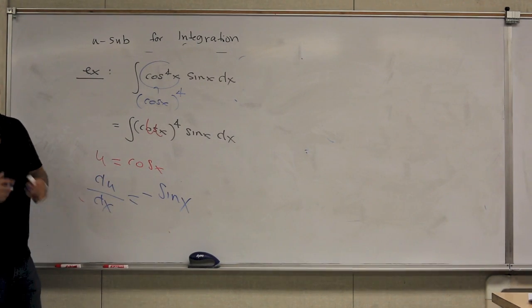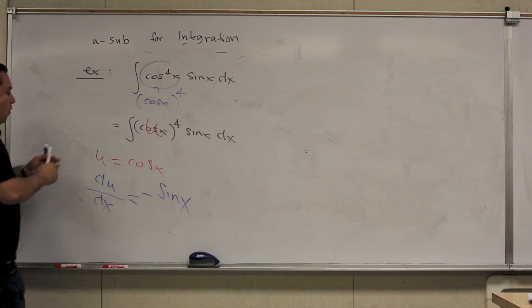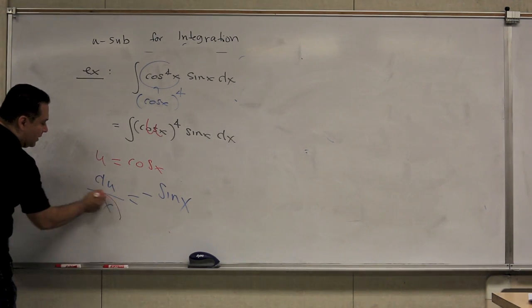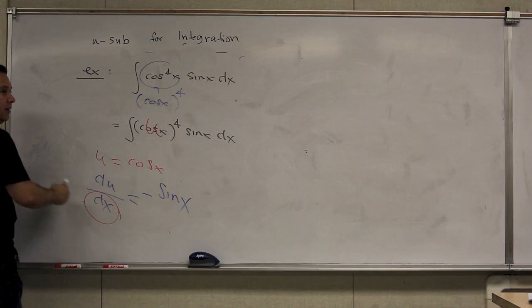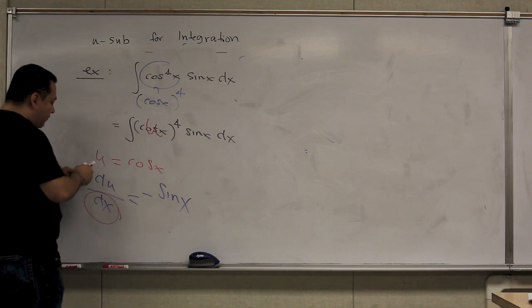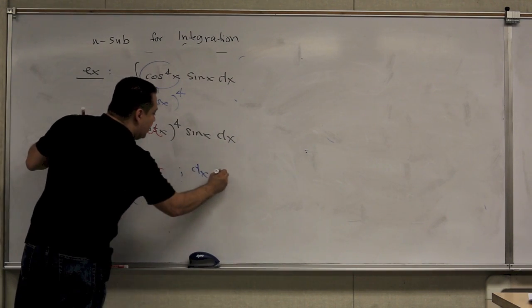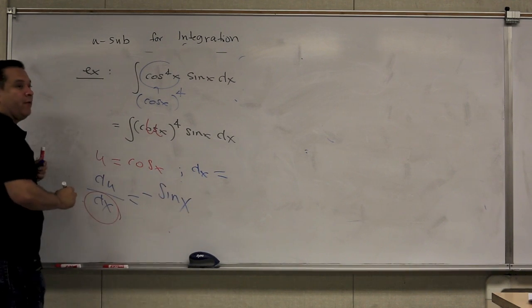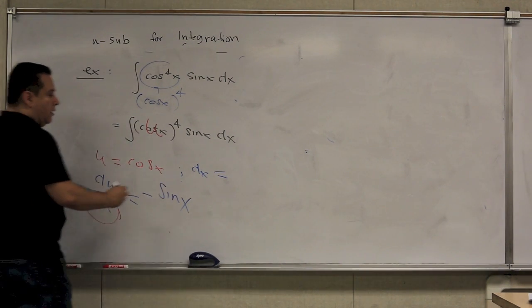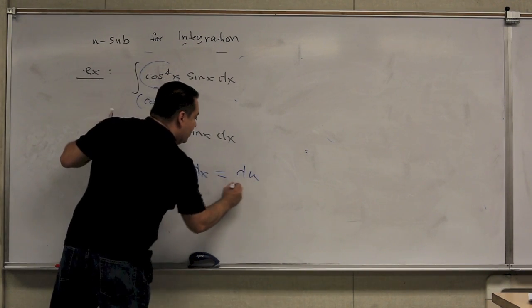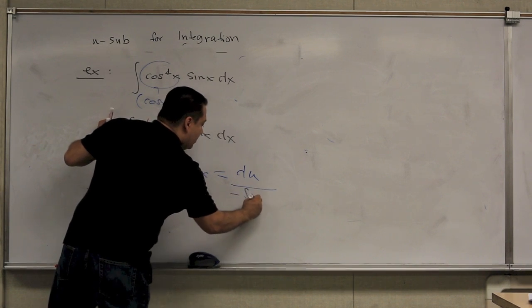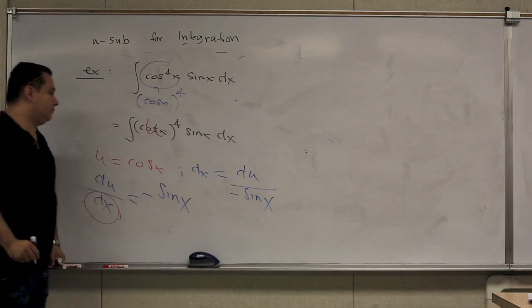What do you do now? You solve for dx. What do you think that means? That means that dx will be, see if you're awake, du over negative sine x.